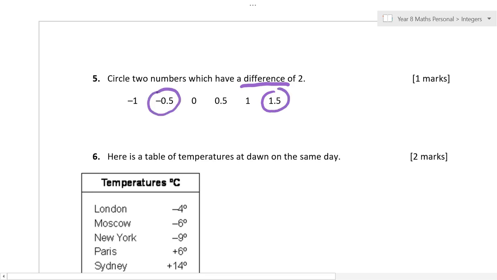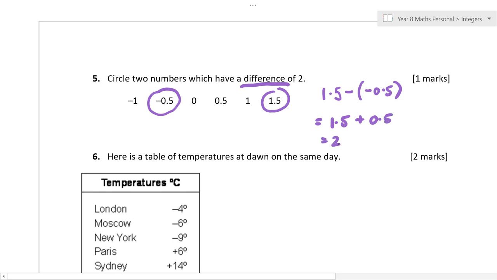Rather than just guess and check, I want to show you how that actually works. 1.5, if I subtract, now we're subtracting, negative 0.5. Okay, so what I have is 1.5 plus 0.5, which is 2.